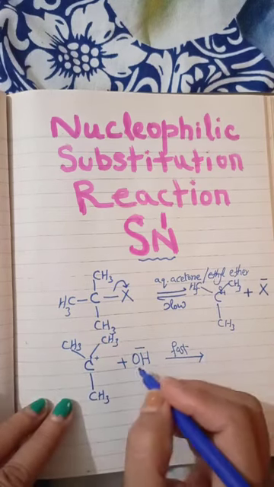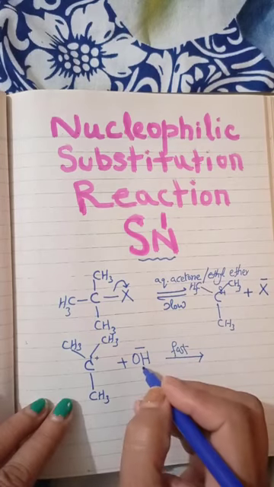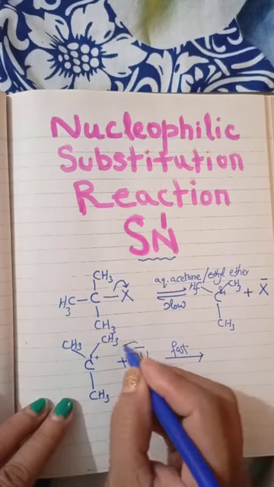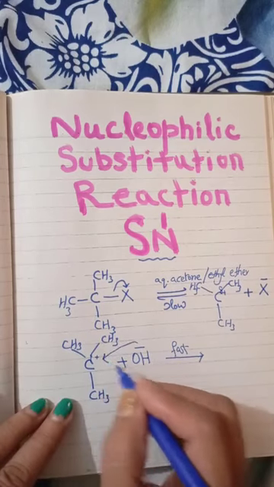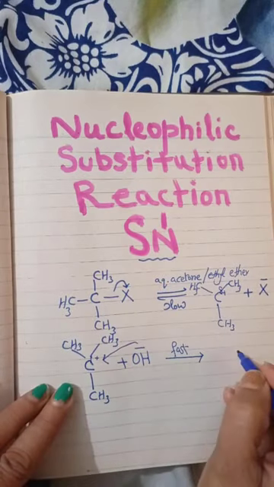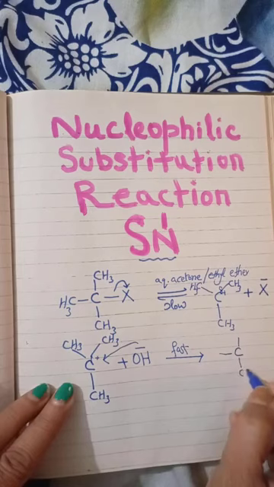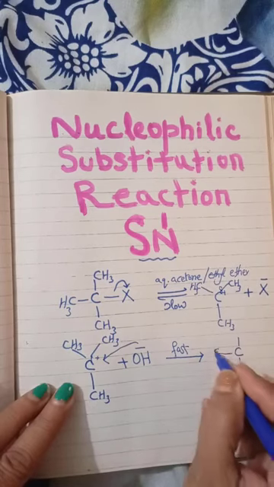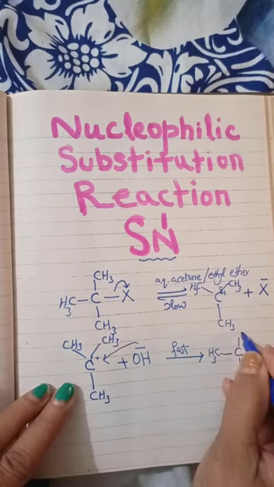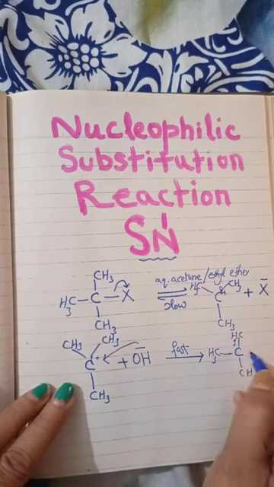So what happens? In the first step the attacking nucleophile attacks this carbocation, and we get tertiary butyl alcohol, OH.